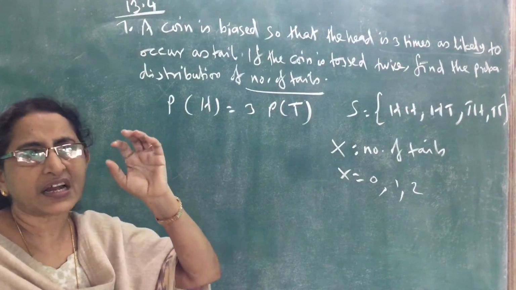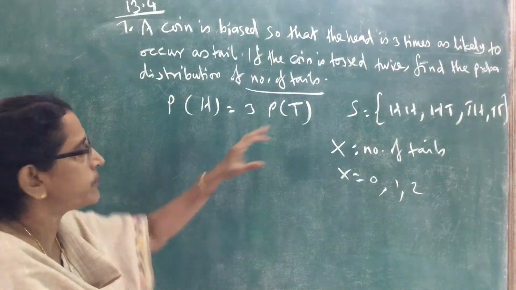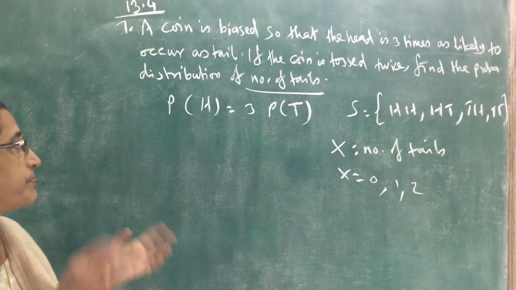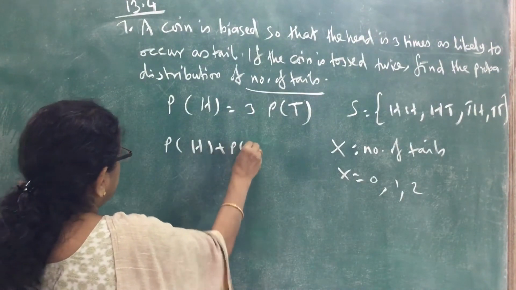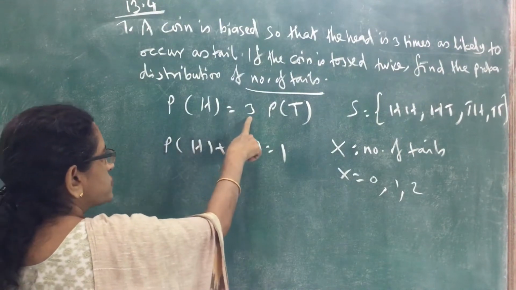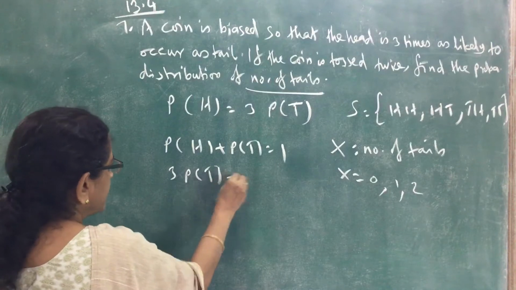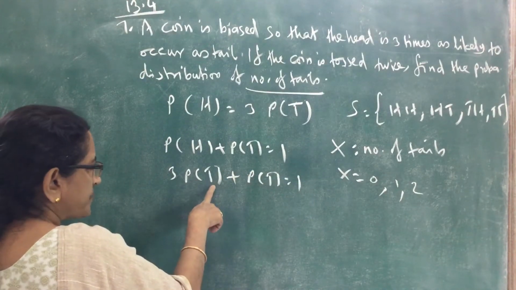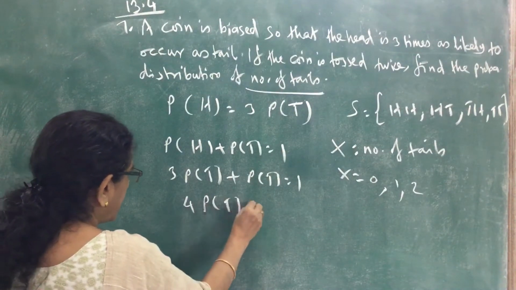When you consider the tossing of a coin once, probability of head is 3 times probability of tail. And we know probability of head plus probability of tail equal to 1. So we can write probability of head plus probability of tail equal to 1. That is, probability of head, we can substitute 3 P(T). So 3 into probability of tail plus probability of tail equal to 1. 3 P(T) plus 1 P(T), that is 4 into P(T) equal to 1.